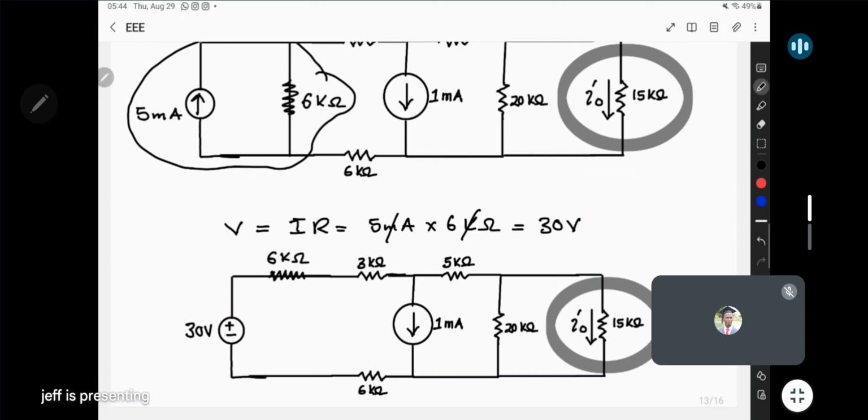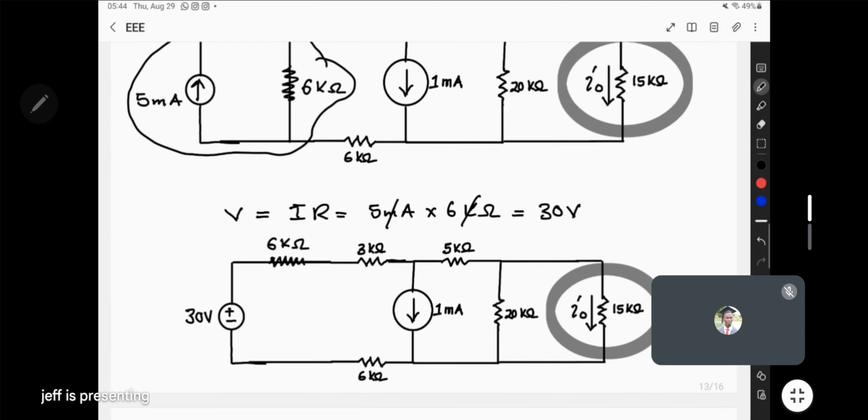But what do we observe now? If you can make the observation, you will understand why I had to transform it back. What do we observe here? Something reduces. What reduces? The circuit. These two.